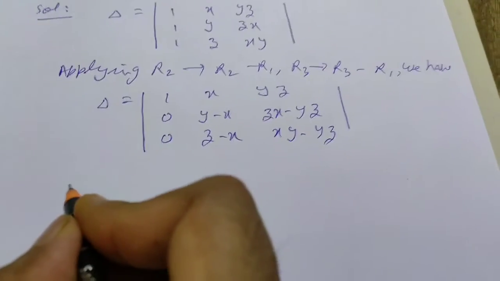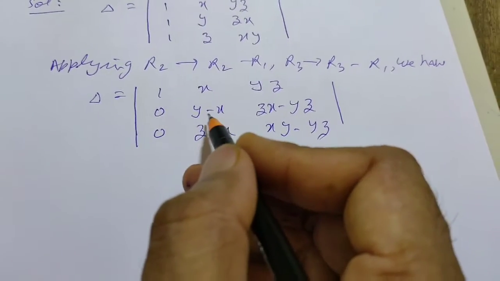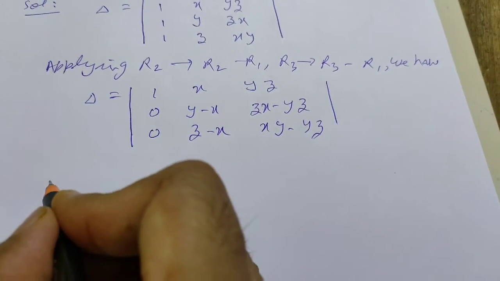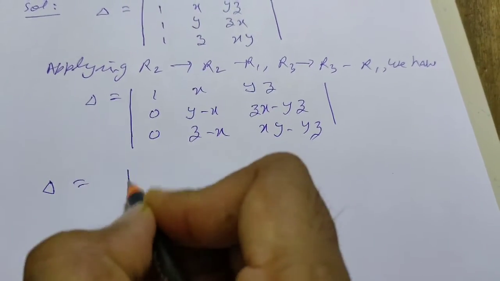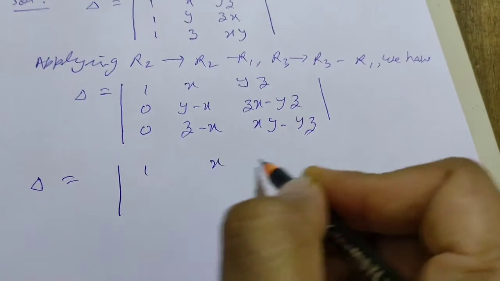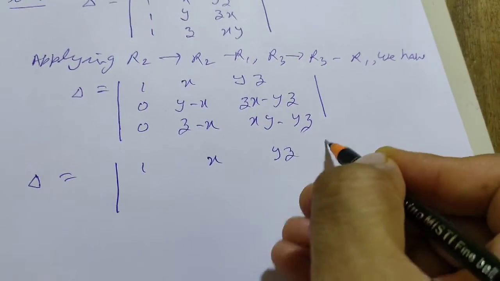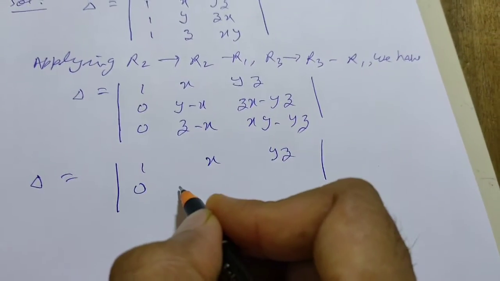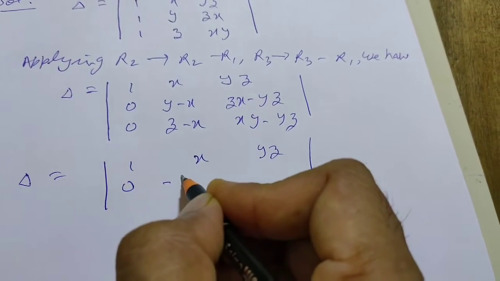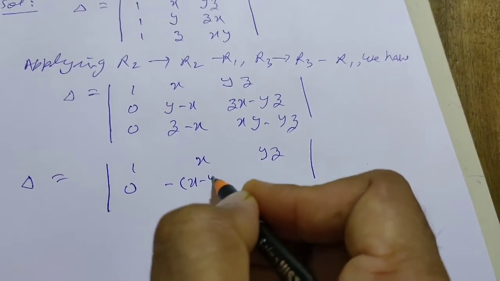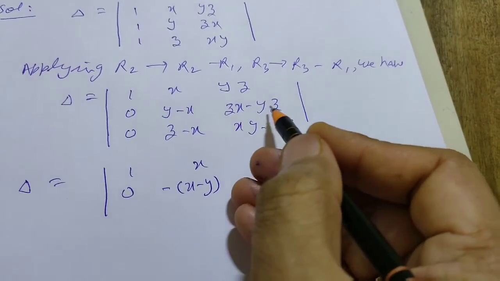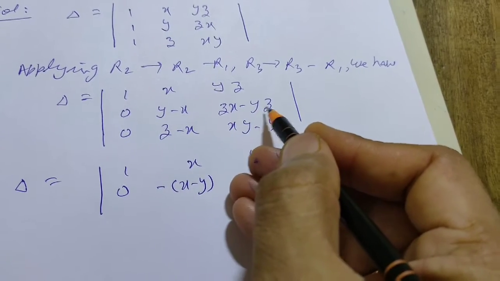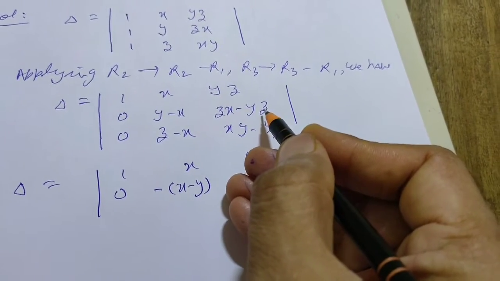Now let us solve it further. Delta equal to row 1: 1, x, yz. Then 0, and from here I can take out minus common, so it will become x minus y. From zx and yz, what is common? z.